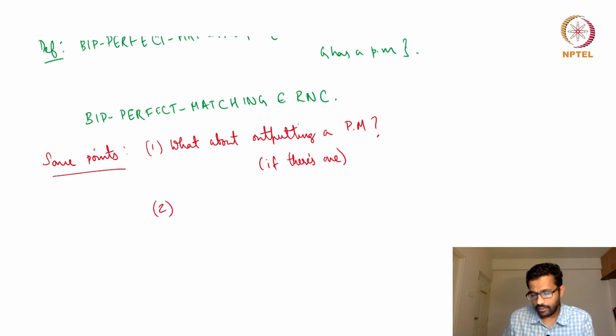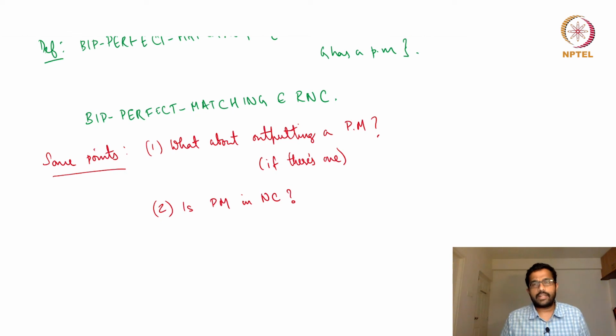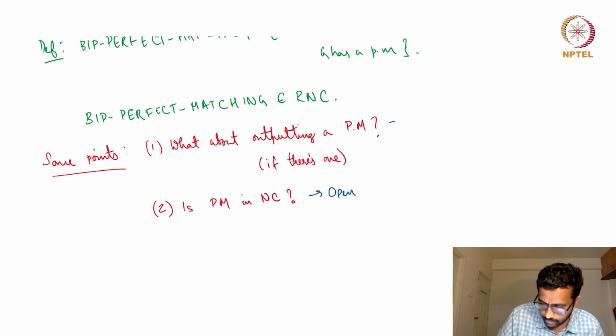And two is, let me just say, bipartite perfect matching, or perfect matching in general, is this in NC? So without use of randomization, can we get a parallel algorithm for perfect matching? And this is still unknown, this is still open. Whereas the first one, yes, you can do it.